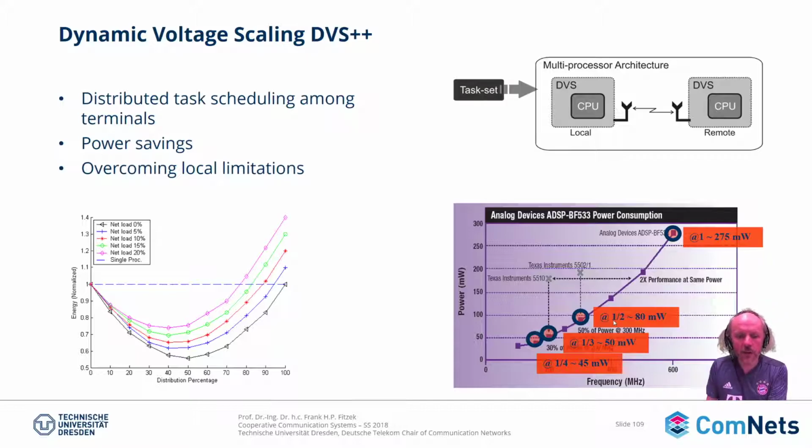But then if you have half the rate, you would need twice the time. But if you can give half of the task to the other side and you work in parallel, then the task would be finished at the same time, but you need twice the amount. And now you have twice the amount, it would be 160 milliwatt, which is still less than the 275.